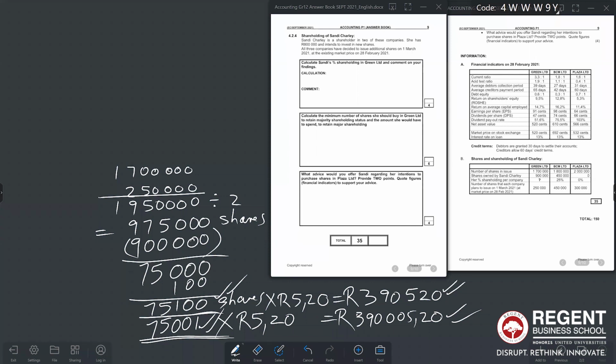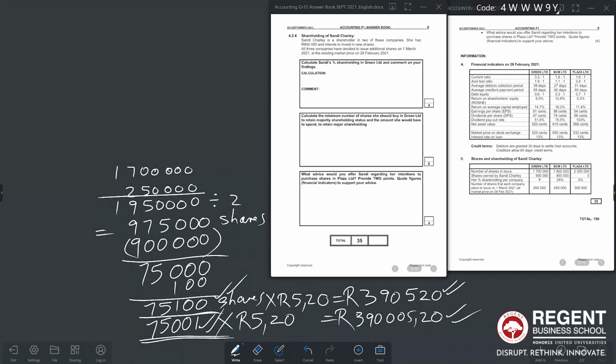The net asset value is 5 rand 66. Net asset value tells you what one share is worth in the business. One share in Plaza Limited is worth 5 rand 66. But it's trading on the JSE at 5 rand 32.